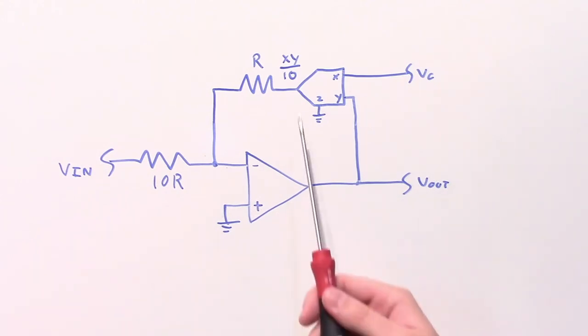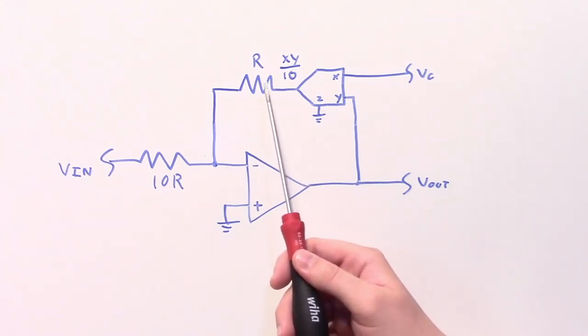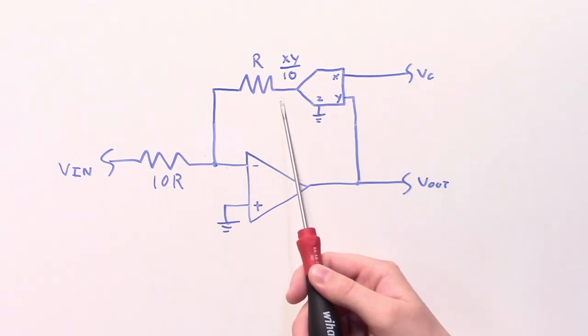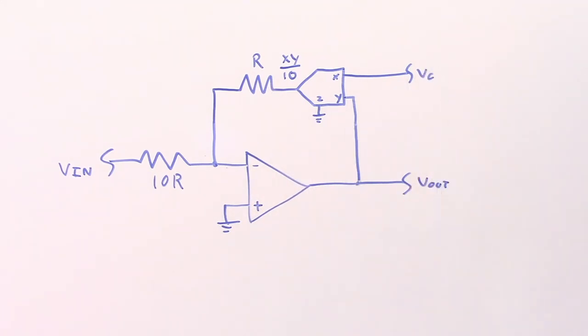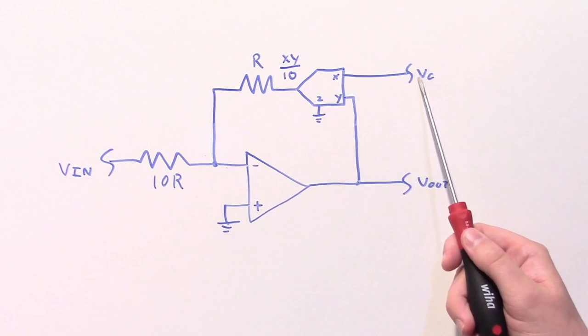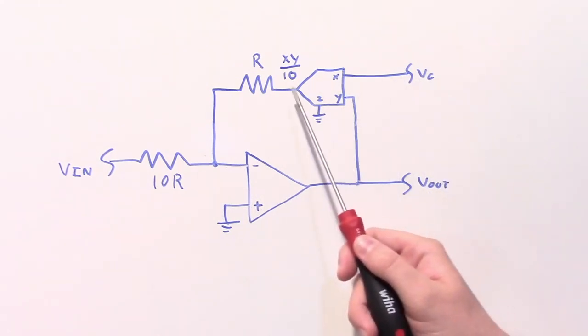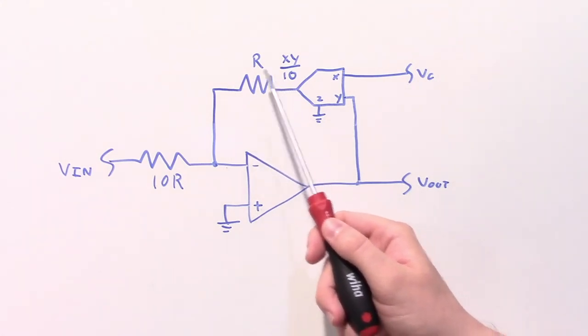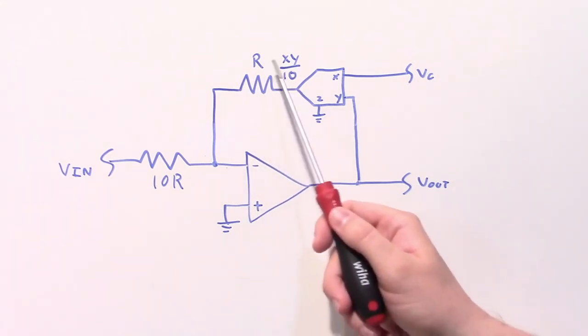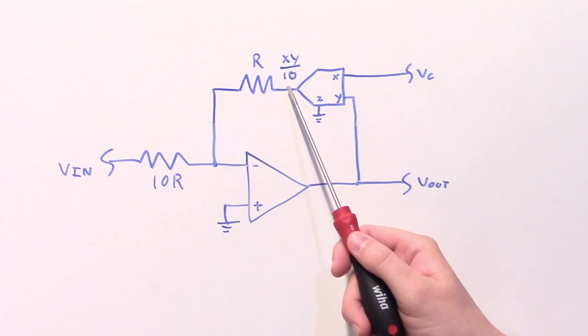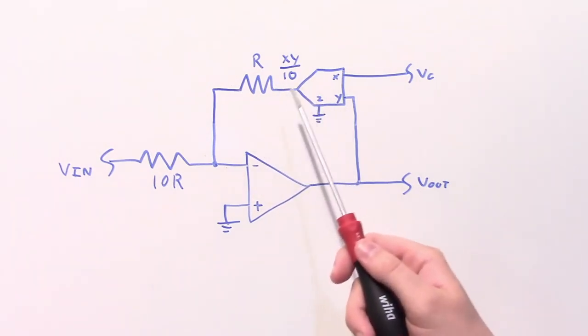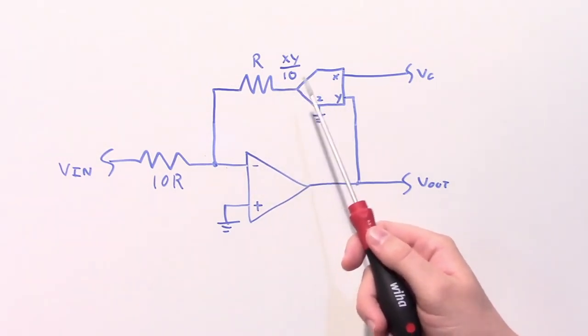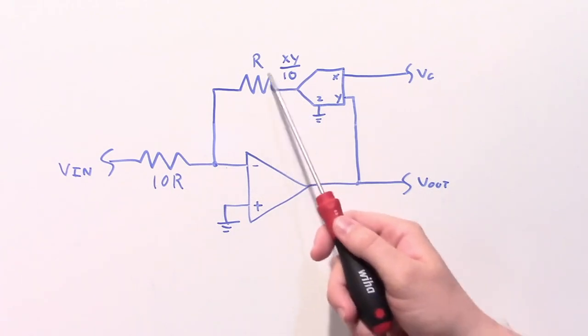But think about what happens when we artificially increase the voltage imposed across this resistor by increasing the control voltage. As we increase this control voltage, we're going to increase the amplitude of the signal seen across this resistor. And since the resistor is static, a larger voltage means more current, which is exactly the same situation you would have if you had a fixed voltage and a smaller resistor.